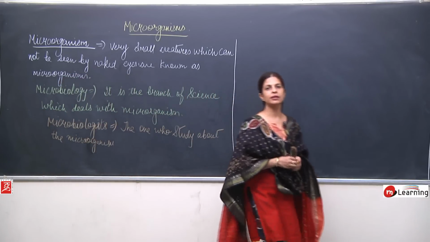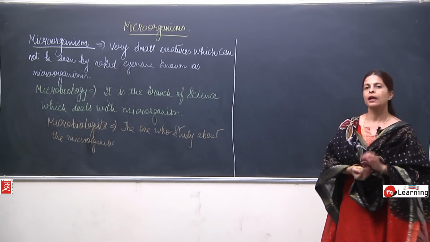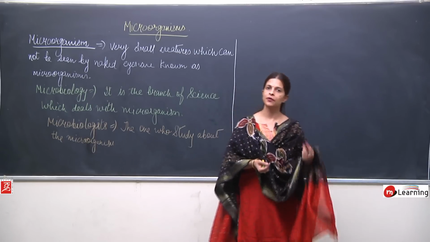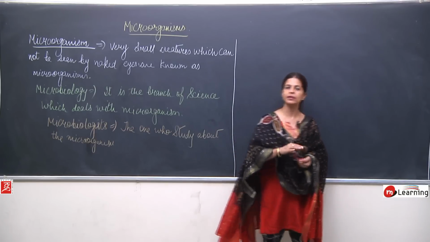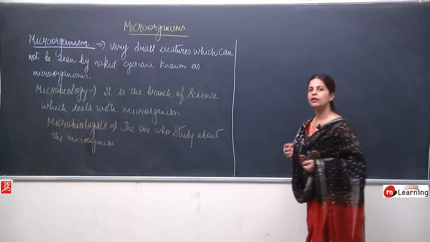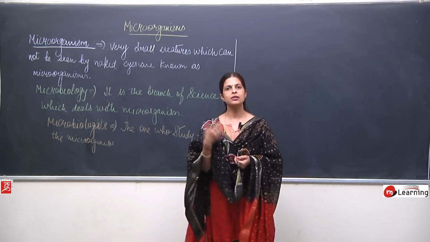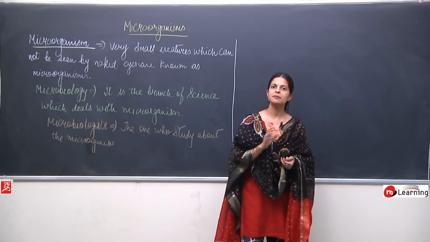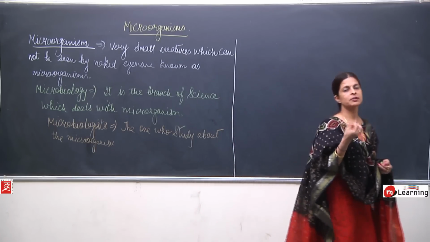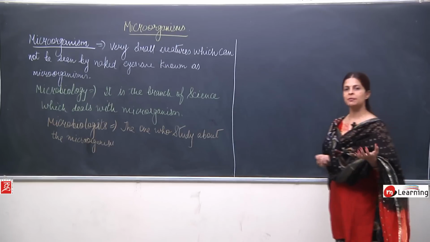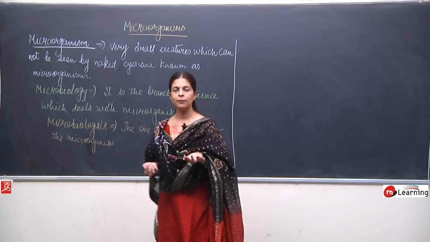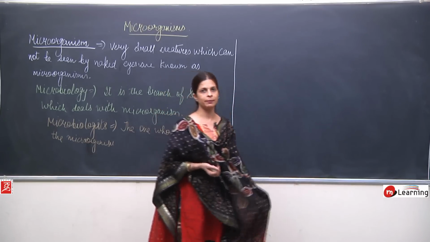We are talking about the chapter microorganisms. Life is present everywhere on the surface of the earth. It is present in the desert, inside the soil, in the water, in the air. Talk about deserts, talk about polar areas, life is present everywhere. The organisms differ in size. Few organisms are very, very small and few are very big.